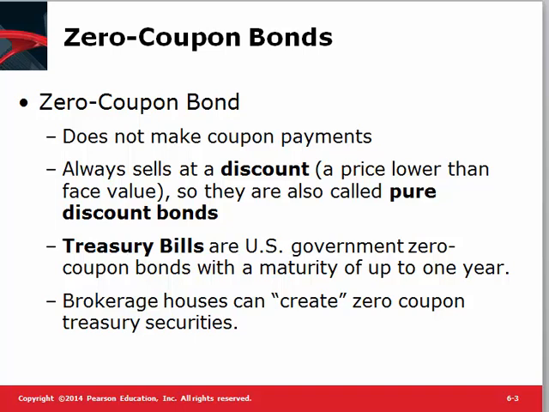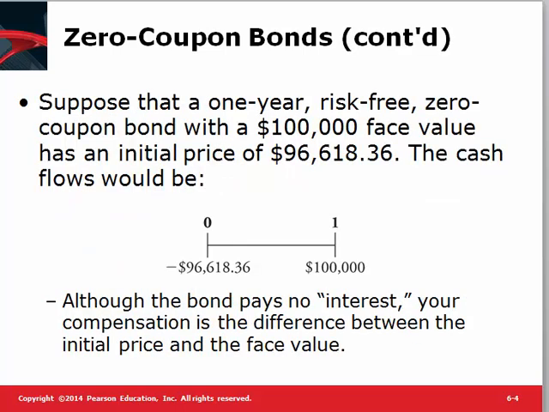So very low returns, but if you want long-term and you don't want to worry about interest rates, maybe you would want to invest in one of these brokerage house creations. I think sometimes they're referred to as tigers and CATS. I'm not exactly sure what the acronym stands for, but that's what they're referred to. So let's continue on.